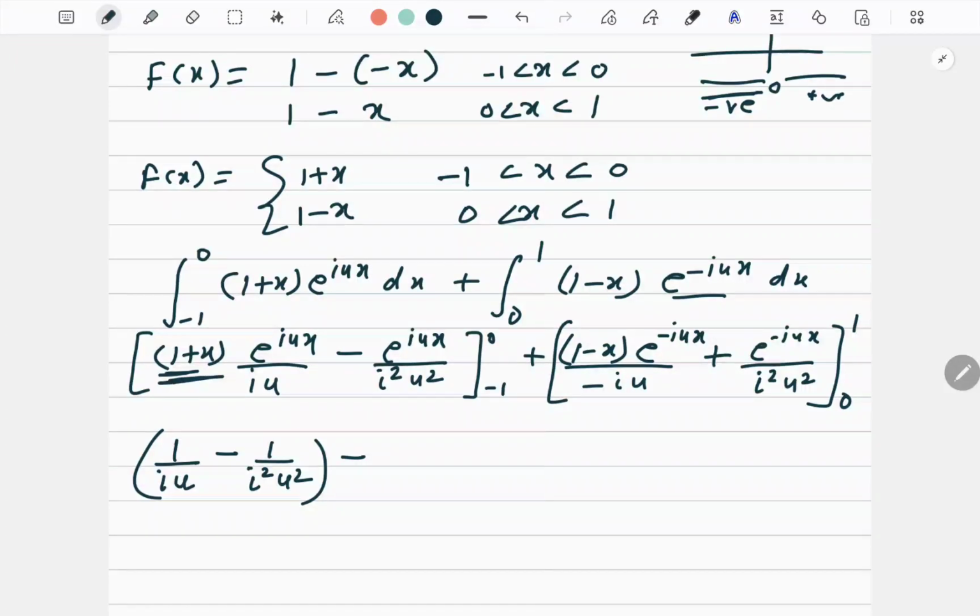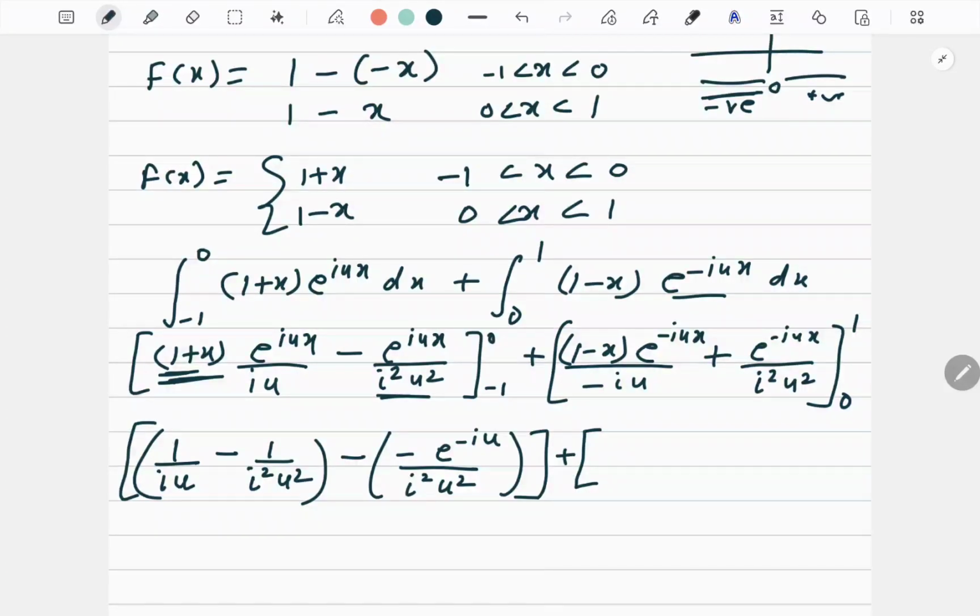If I put minus 1 here, it becomes 0. If I put minus 1 here, it is minus e to the power minus iu. The x value is minus 1 upon, okay. Now plus, now go to the second one.